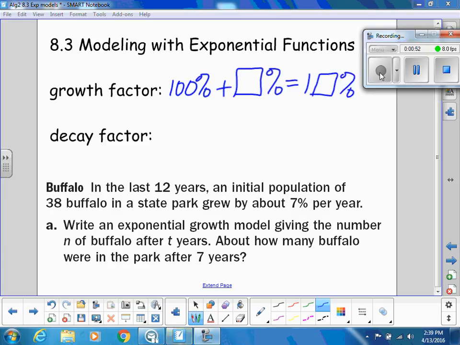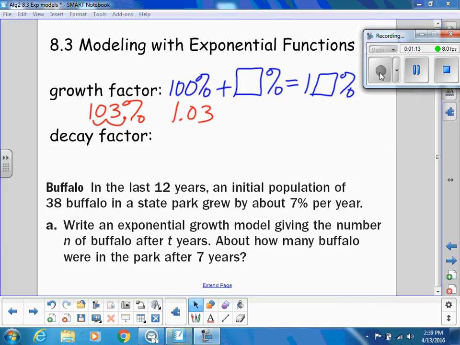But as a percent, we don't ever put that percent in our equation. We want to put that in as a decimal. So remember that whenever we have something like 103%, I want to move that decimal point 2 times. So that's going to become 1.03.